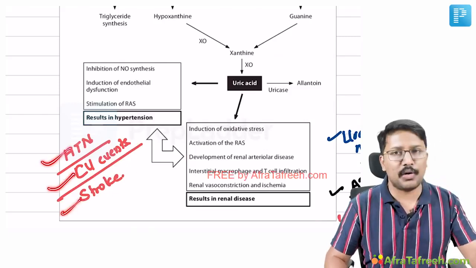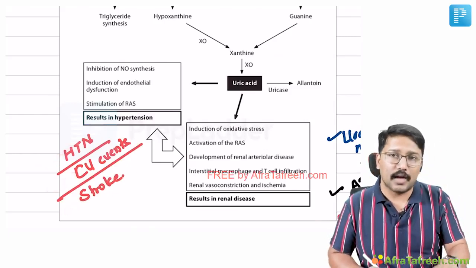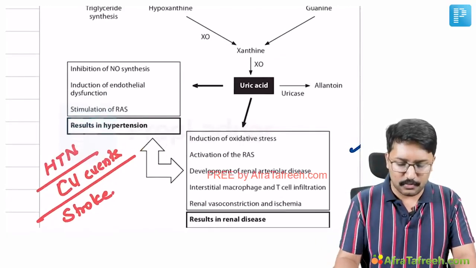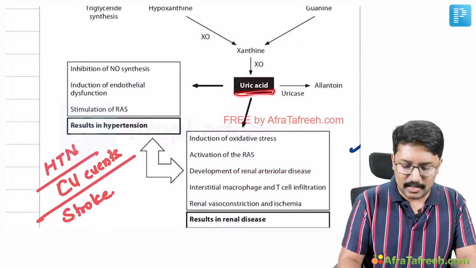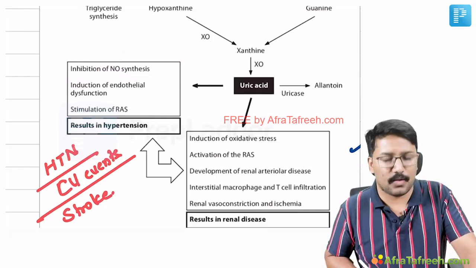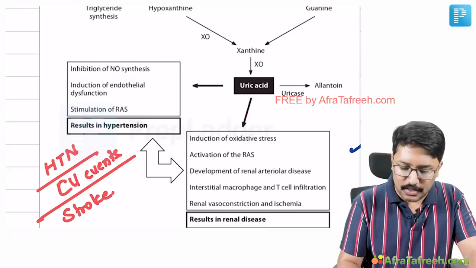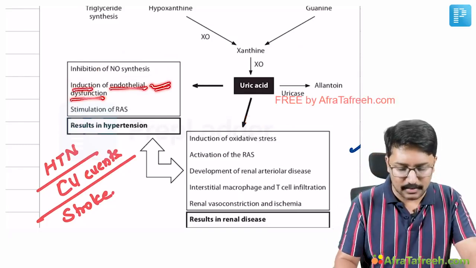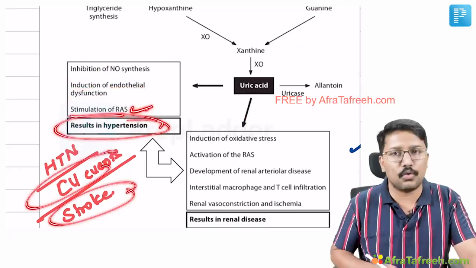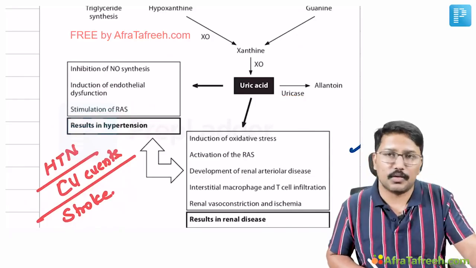Hypertension, CV events and stroke risk is a proven thing in patients with hyperuricemia, with or without gout, right? Why is it occurring so? Because uric acid can inhibit nitric oxide synthesis. Okay, then it can also induce endothelial dysfunction, and obviously it stimulates RAS. So there is a hypertension, CV event and stroke risk in patients with hyperuricemia.